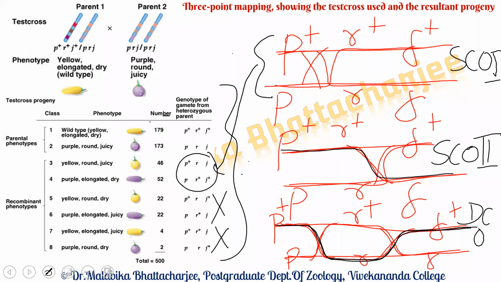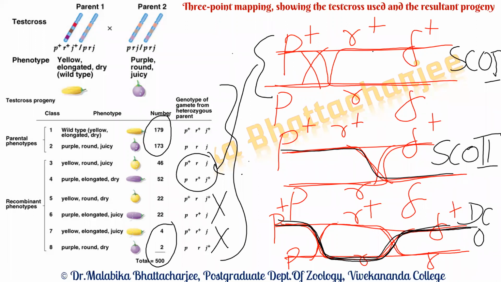The maximum number of progeny are of the parental types, and the minimum number of progeny are of the double crossover types, because you can imagine that a simultaneous crossover event occurring between three genes sitting adjacent to each other is basically a rare phenomenon. And because this is a rare phenomenon, these progenies will be the least in number.